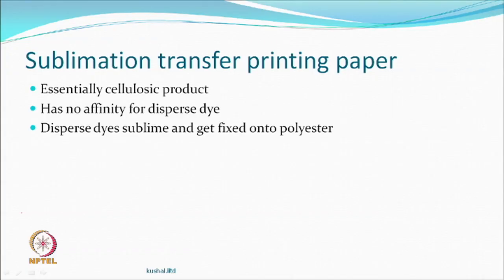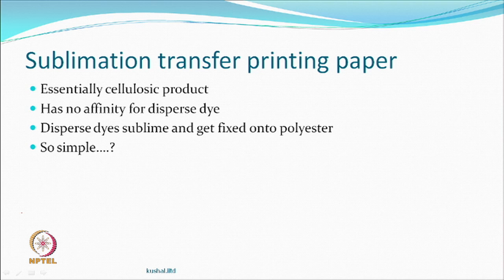So, dispersed dyes sublime and then get fixed onto the polyester, which is what we actually wanted. Obviously, because the contact is going to be very close, the boundaries of the print are going to be almost replicated on the fabric as they are.